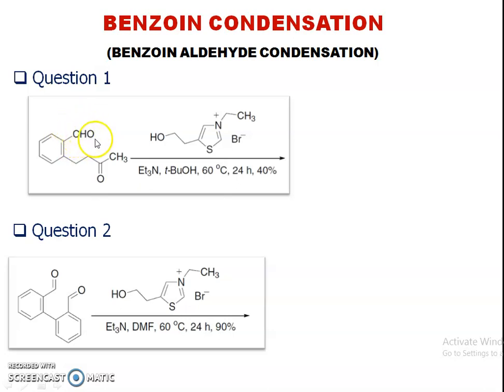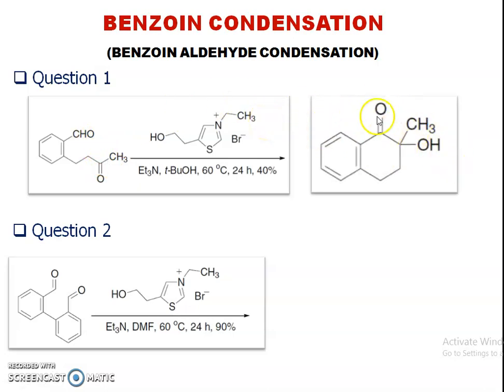Then this carbanion will be added to this carbonyl. Then it undergoes a cyclization step, and the product will be like this. You can see here a carbon-carbon bond is formed, one carbon will be a carbonyl, and the next carbon has the hydroxyl group. The hydroxyl is from this carbonyl.